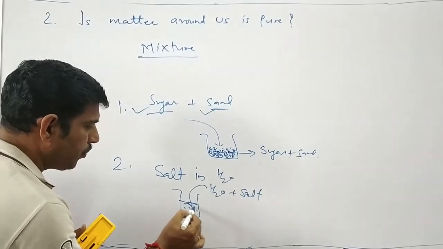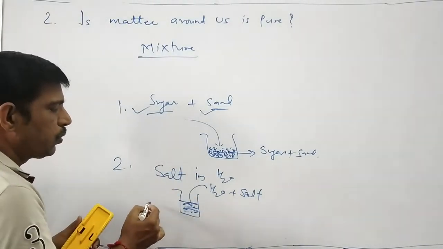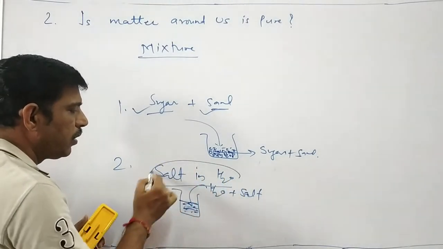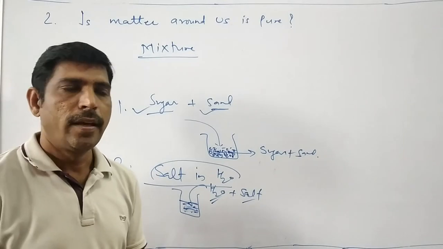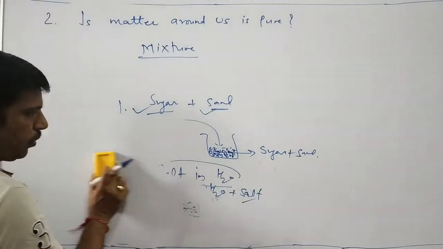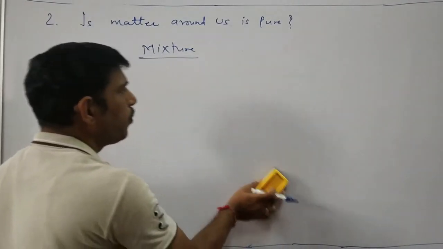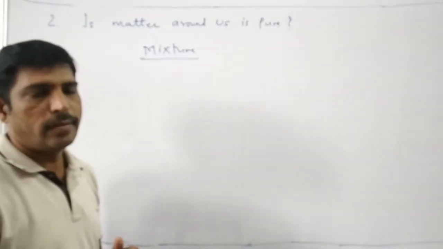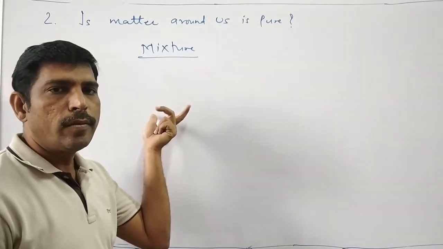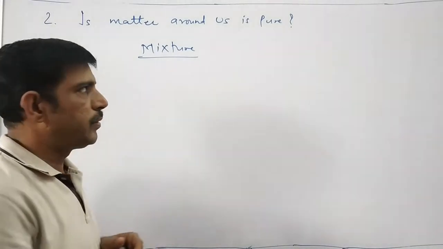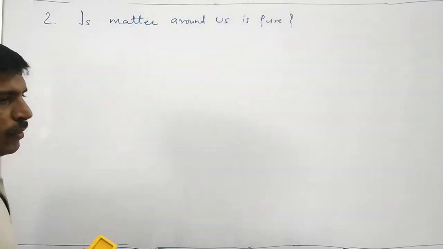It mixes together and we get a clear solution. So salt and water are already pure substances and we are mixing them together. The mixture is a combination of two or more pure substances. That is the definition of mixture.